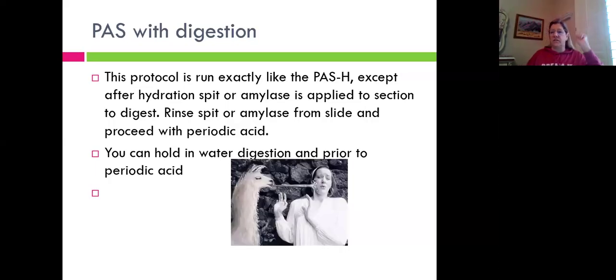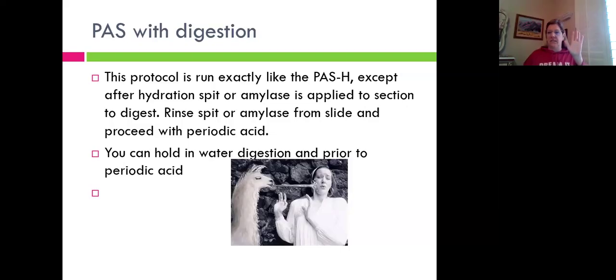You're going to take one of those slides and label it with a W, which means with. You take the other slide and label it WO, which means without. You deparaffinize and hydrate, but prior to starting the PAS reaction, you digest the slide that says with. You can use amylase or you can use human spit.